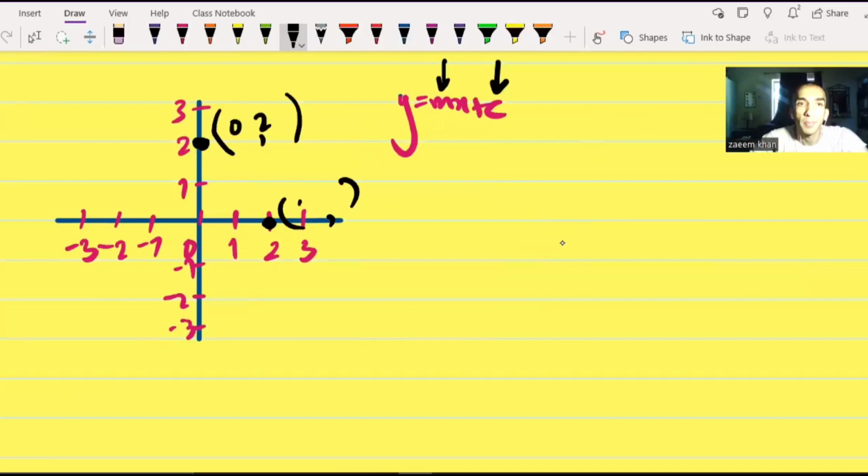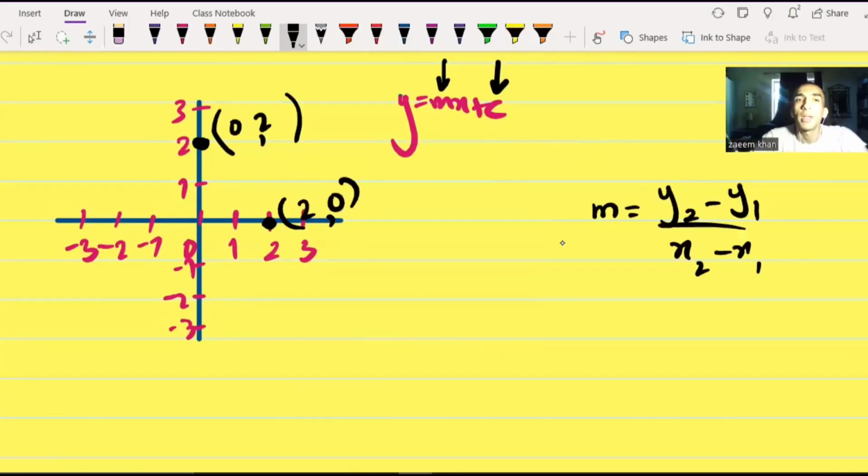2, 0. M is another name for slope or gradient. M is equal to y2 minus y1 divided by x2 minus x1. This is your value of x. And if you're calling it x1, remember you're going to call this one y1.